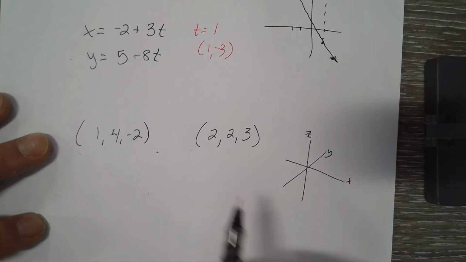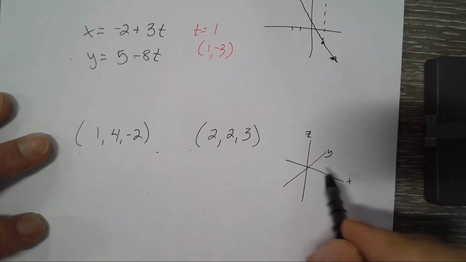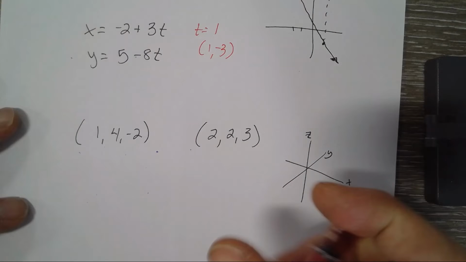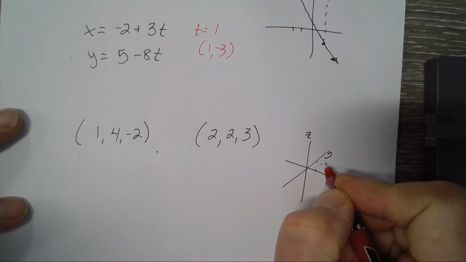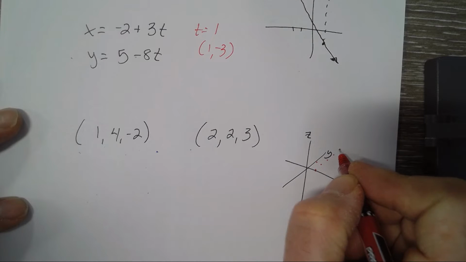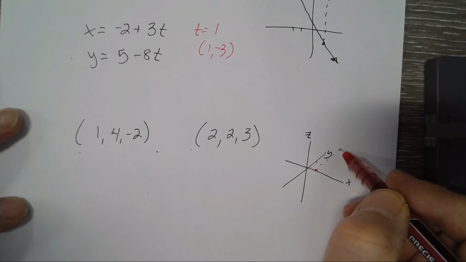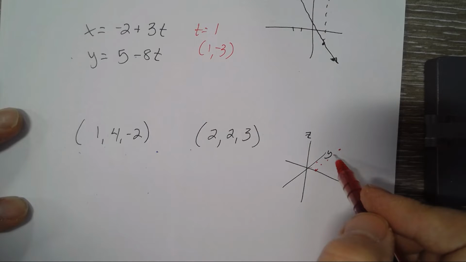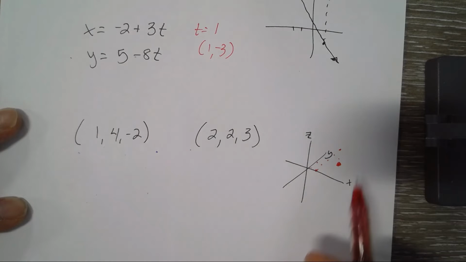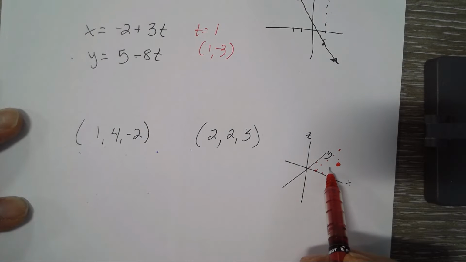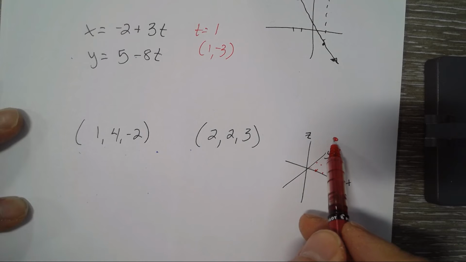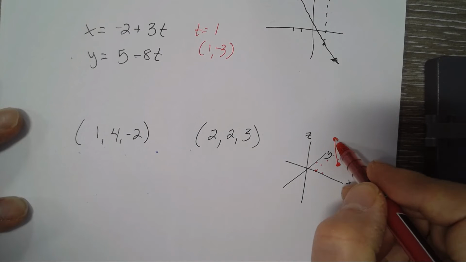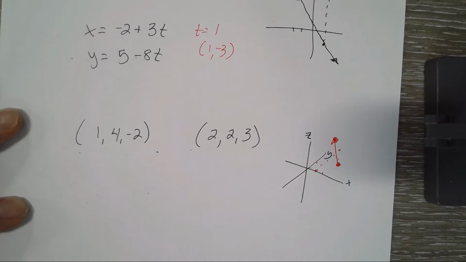We start at 1, 4, -2, so we go right 1, up 4, that's x 1, y 4, and then down 2. So there's my starting point. And I'm going to end up at 2, 2, 3, which is up in space right up there. We're starting here, we're going up that way, if you can see that in 3 dimensions.